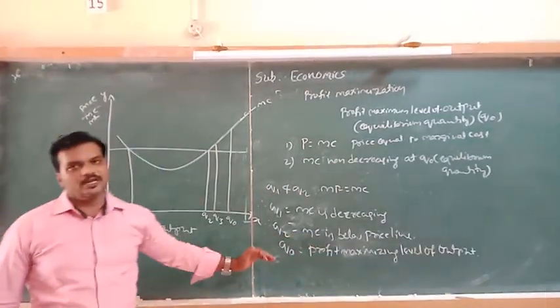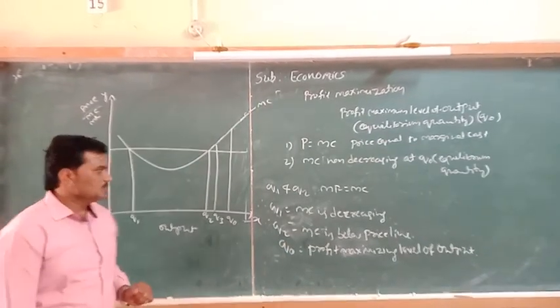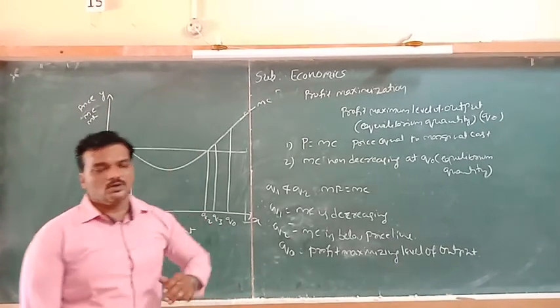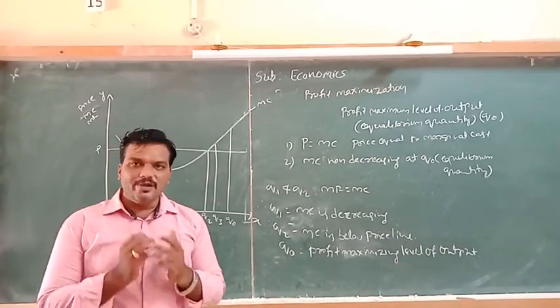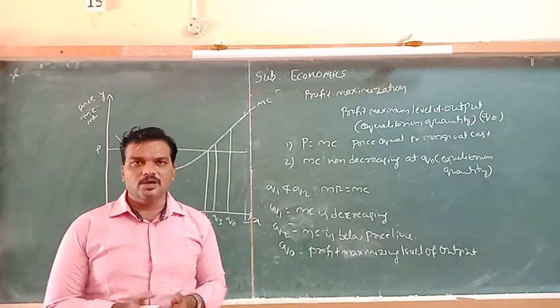We can also say equilibrium quantity. I hope you all understand the concept. If you have any questions about this concept, you can write in the comment box. I will explain. Thank you.